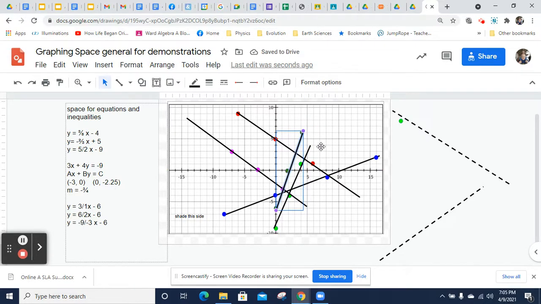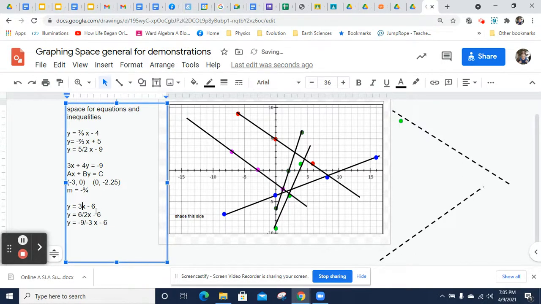That's a little better. I'll grab that point and move it slightly over, and I think I'm in the right place now. And now I've got my line for y equals 3x minus 6. I'm using the fact that 3 is the same as 3/1 or 6/2, or I could have used -9 over -3. And there you have it. I hope that has cleared up some things for you.